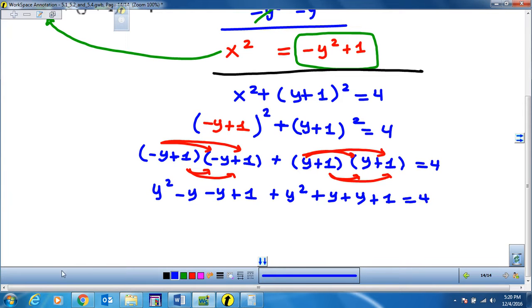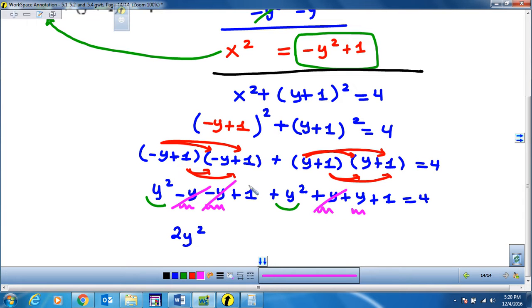So let's combine all the like terms that we can. We can combine y squared plus y squared, that's going to be 2y squared. Then we can do negative y with negative y, positive y with positive y. See, all of this we're going to end up canceling. Negative y cancels with one y.